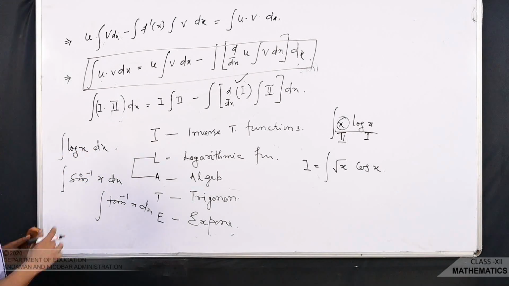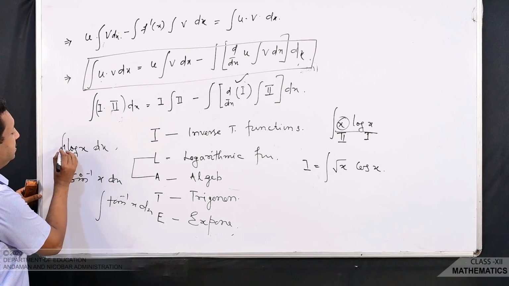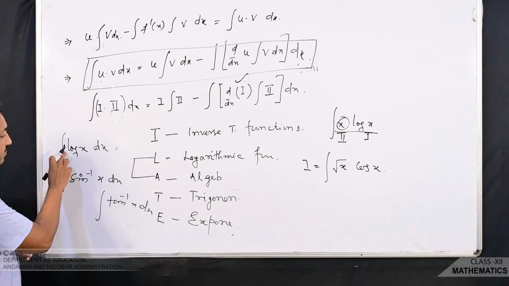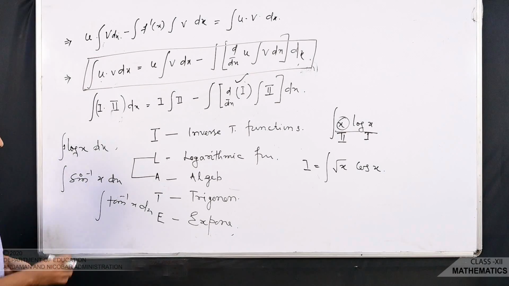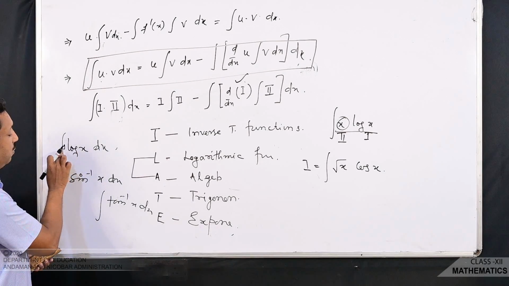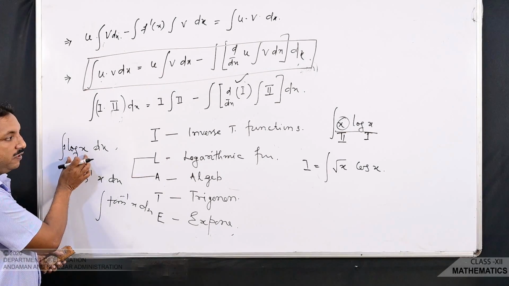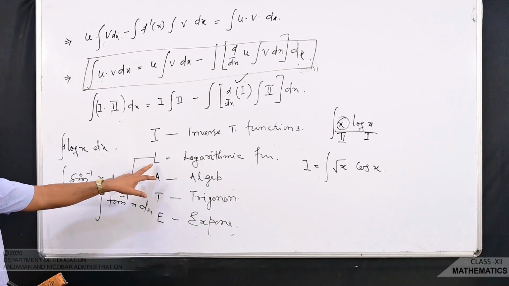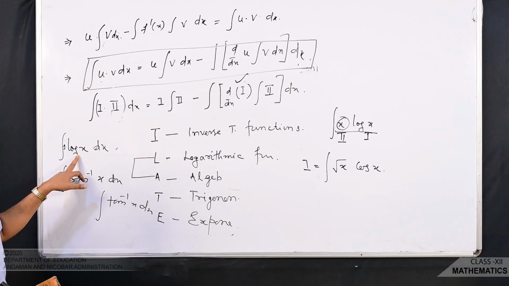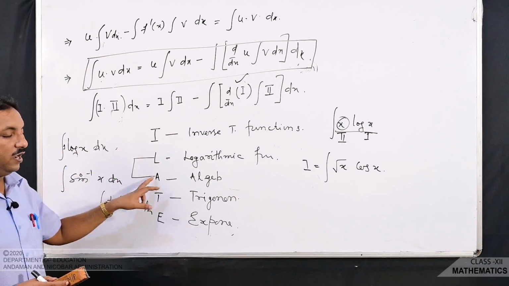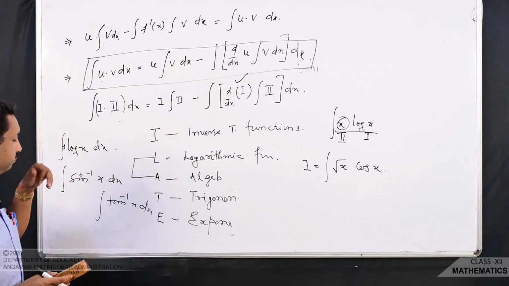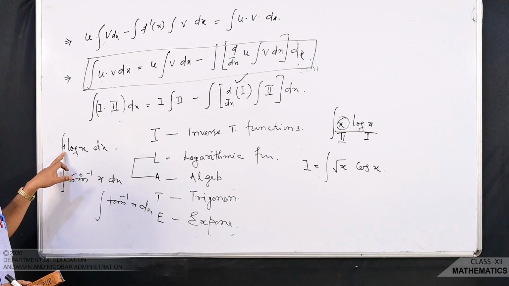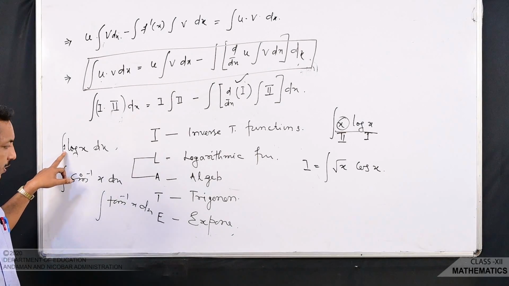No problem, you can assume 1 here, that means one algebraic constant, and you can take it as 2 functions. Now, 1 is one function and log x is another function. According to ILATE, you can assume this logarithmic function as your first function and 1 as your second function, because 1 is a constant and that will be taken as algebraic.